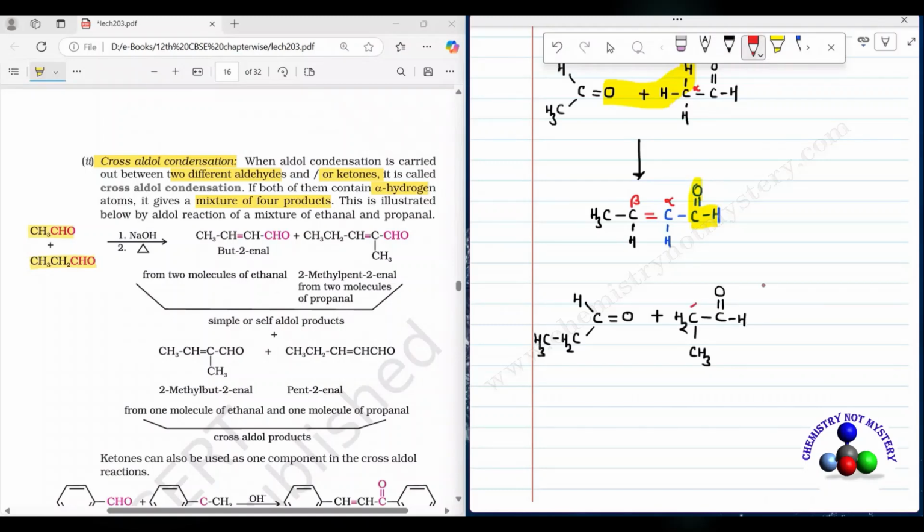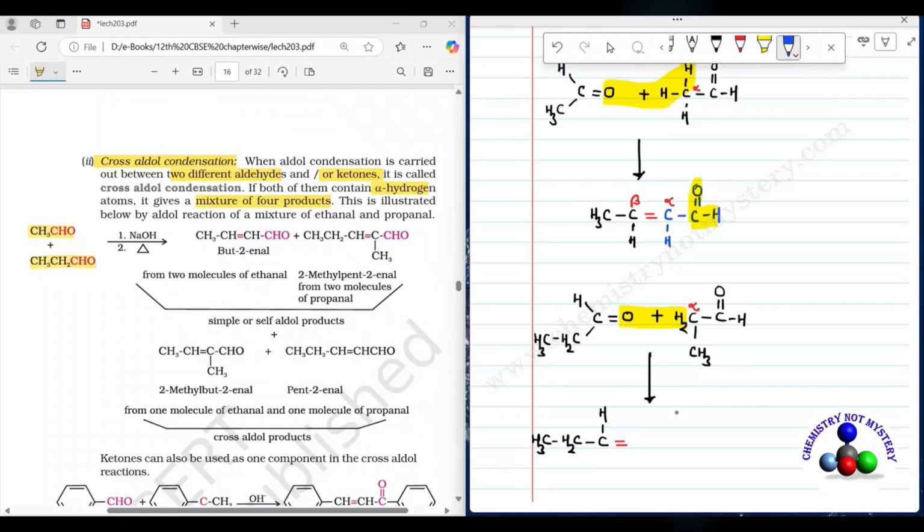So this is the alpha carbon and there are 2 alpha hydrogens. So you just have to remove the oxygen from here and 2 hydrogens from this alpha carbon. Now write down the product by joining these molecules. So here you will get CH, one side it is bonded with CH2, CH3. Now double bond will be formed between these 2 carbons.